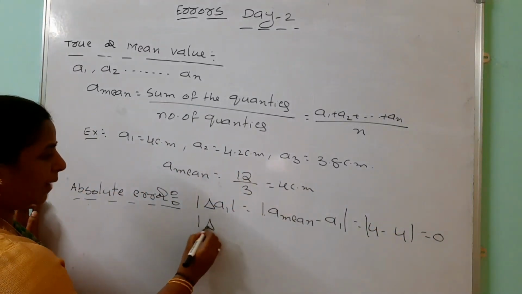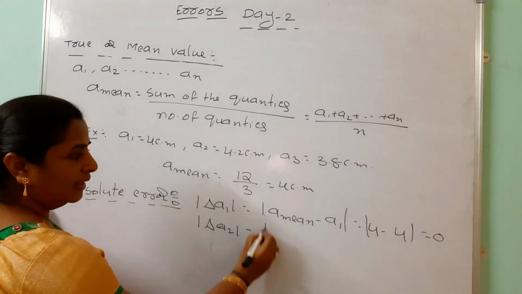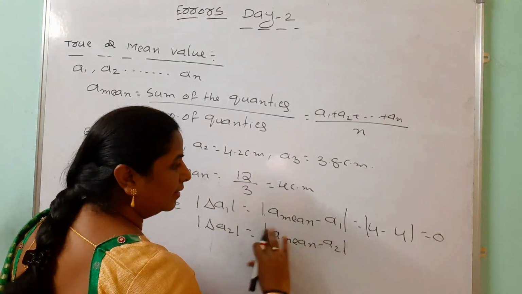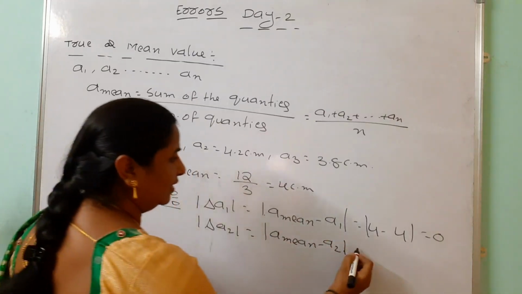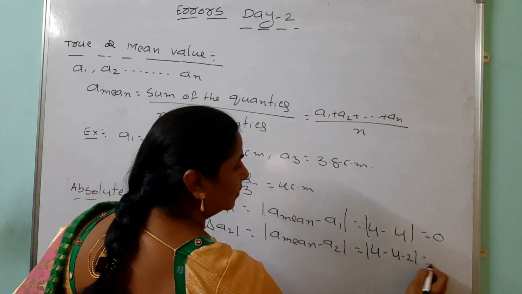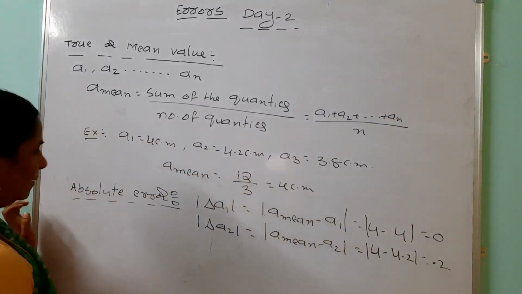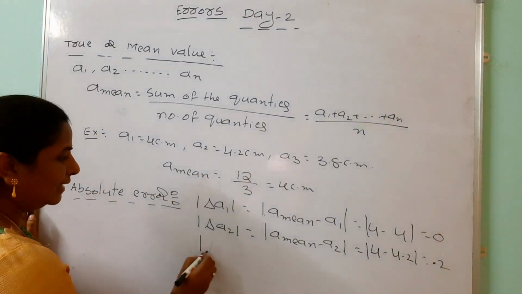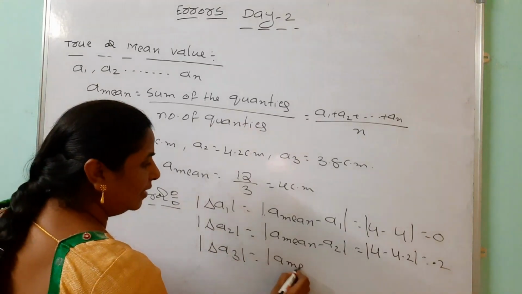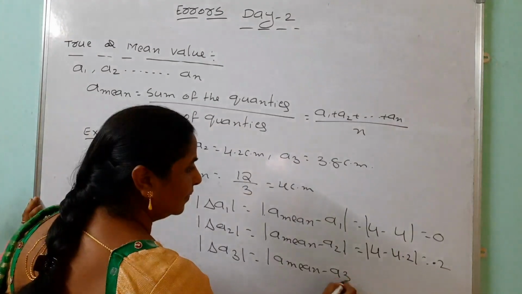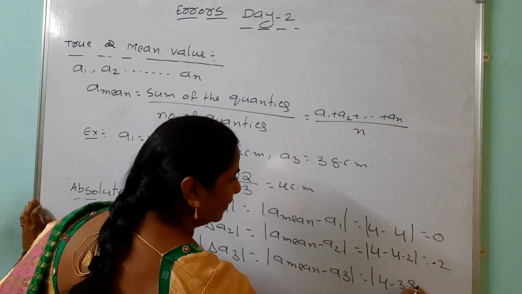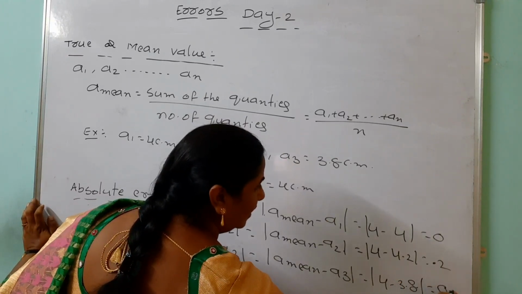Like that, the absolute error in A2 is |A mean minus A2|. Why are we taking the mod? Because we always get the positive value only. See, this is 4 minus 4.2, so 0.2 is the absolute error in A2. Like that, A3 is |A mean minus A3|, 4 minus 3.8, that is 0.2.